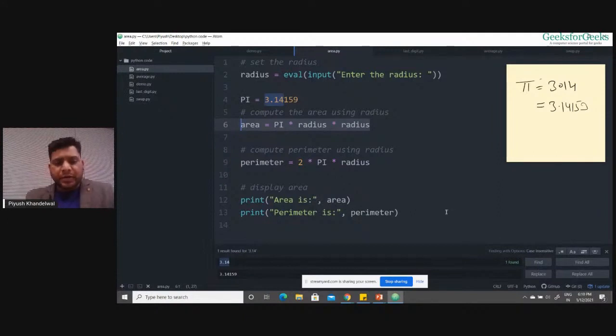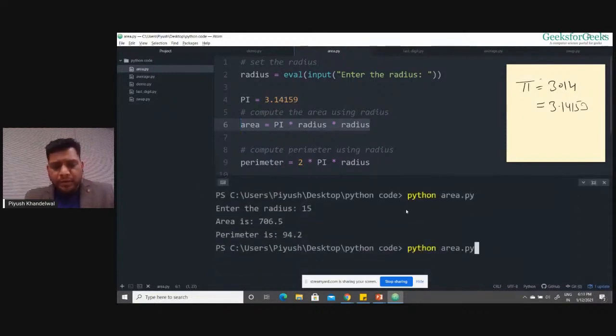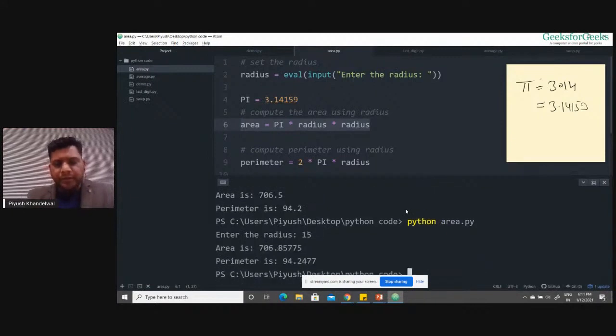Now see, if I run this program, it will give me the correct output. Nothing will change. I'm giving 15, so it is giving me area and perimeter using the new value of pi, which is 3.14159. It is more accurate compared to the previous values, right? This is what you can see.